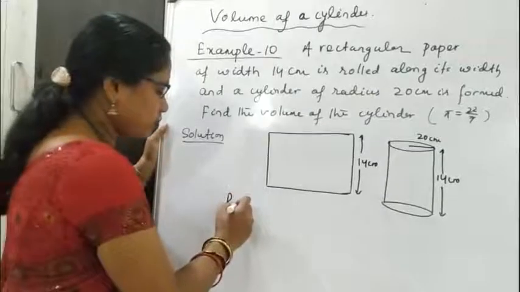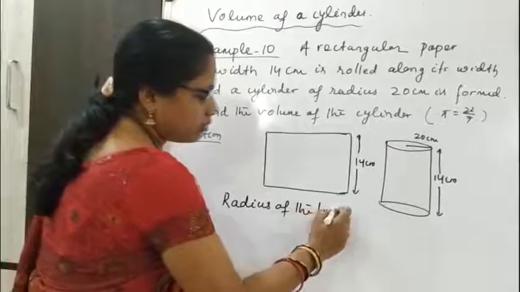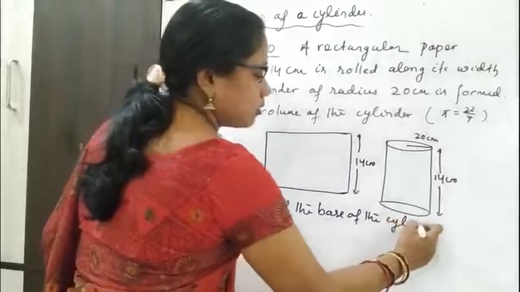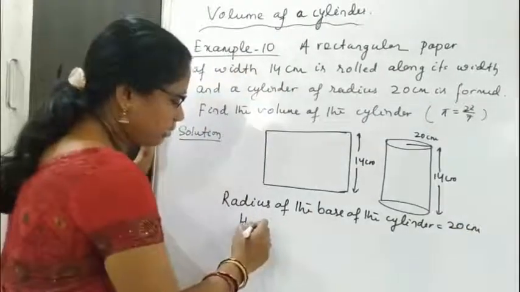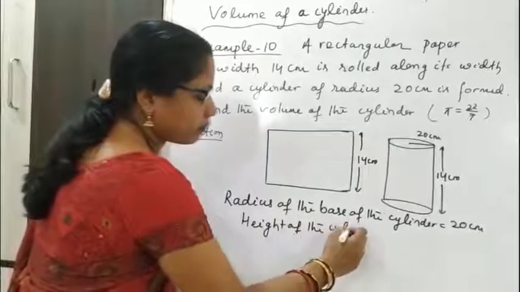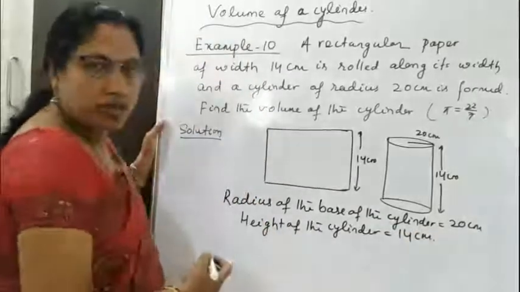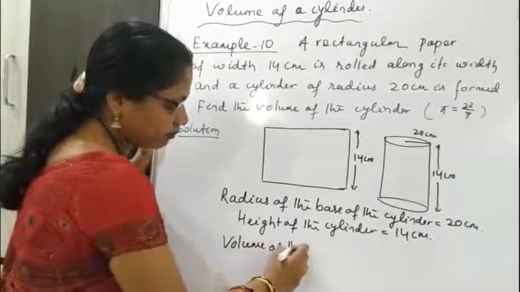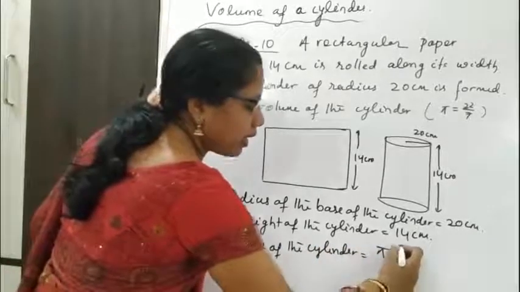So the radius of the base of the cylinder is 20 cm and the height of the cylinder is equal to 14 cm. So what is the volume of the cylinder? Volume of the cylinder is equal to pi r square h.